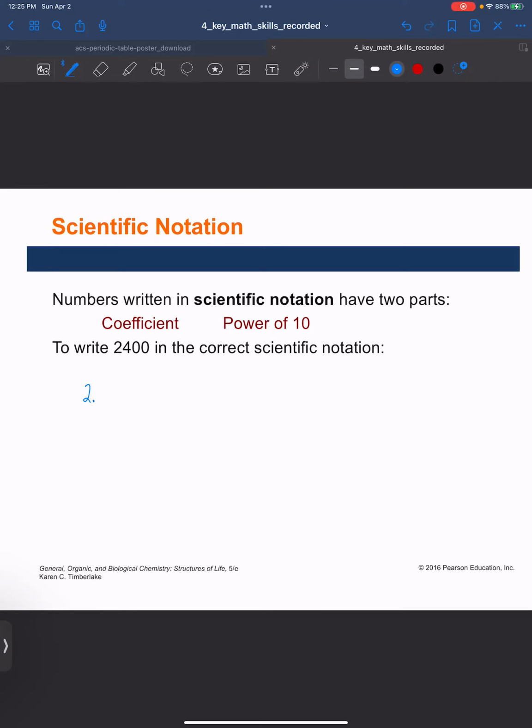And we will include 4, because it's also a non-zero number. I won't get into significant figures just yet, but we're not going to include the zeros. We're just going to include the 2 non-zero numbers, 2 and 4, and you always put the decimal after the first non-zero number. This is called your coefficient.